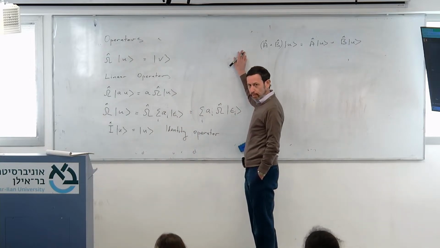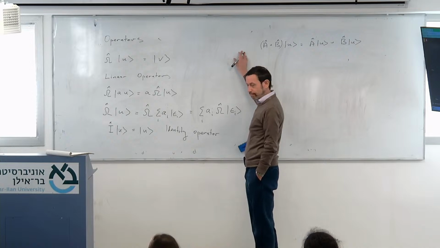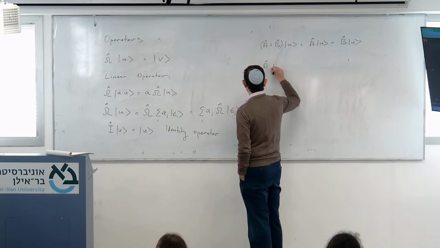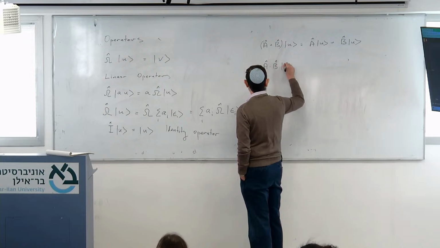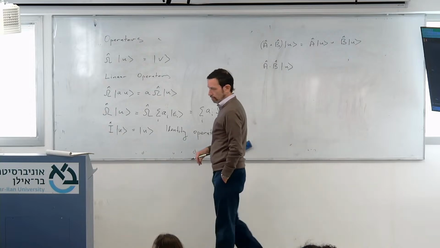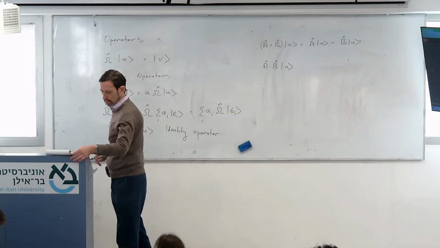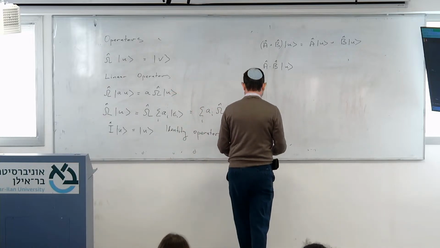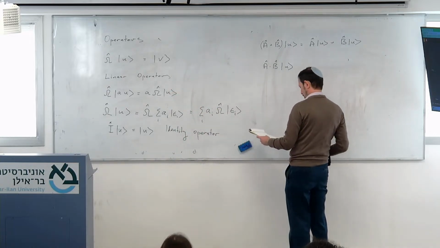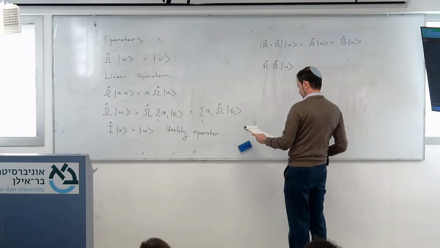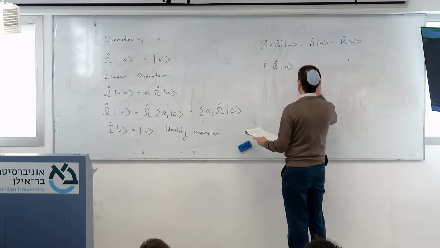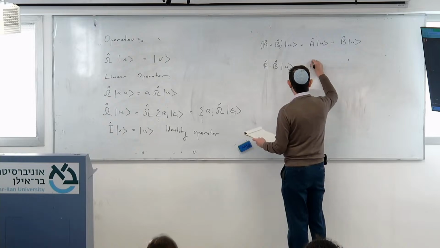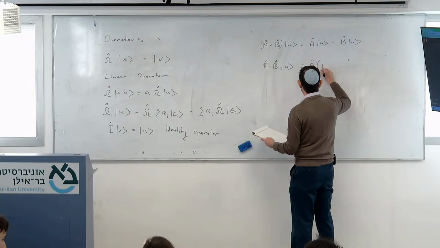What happens for multiplication? This is basically the definition.